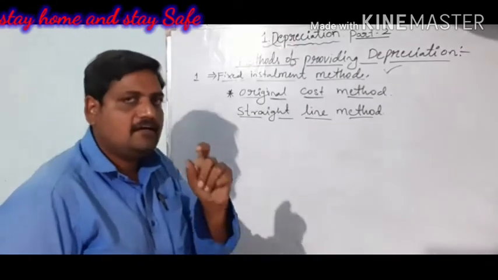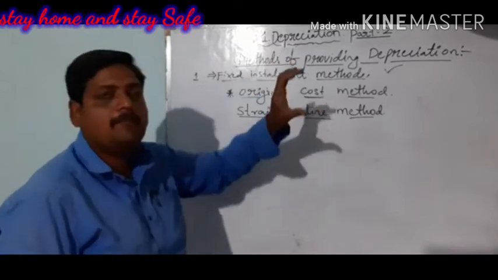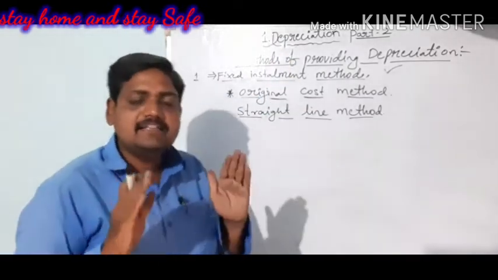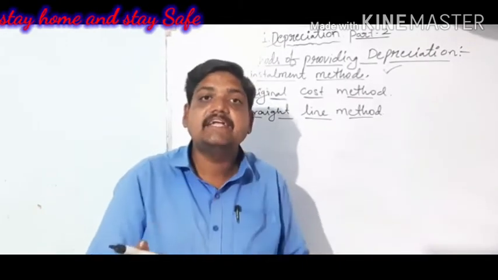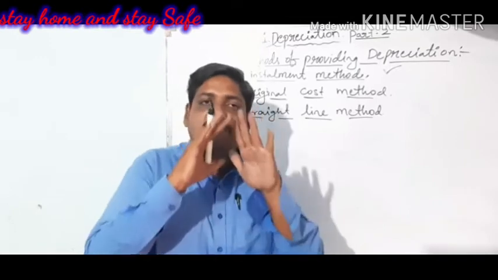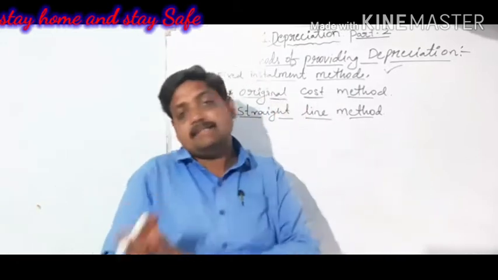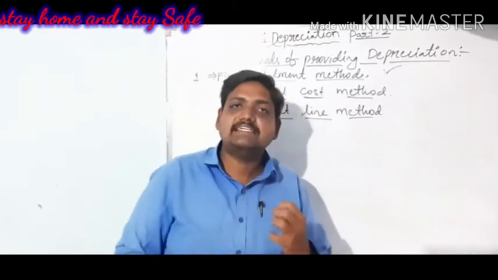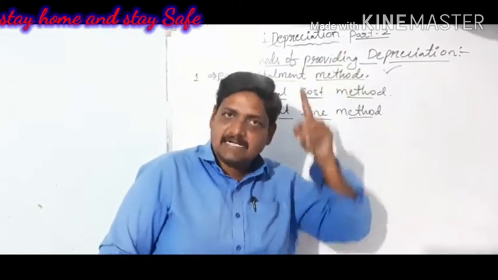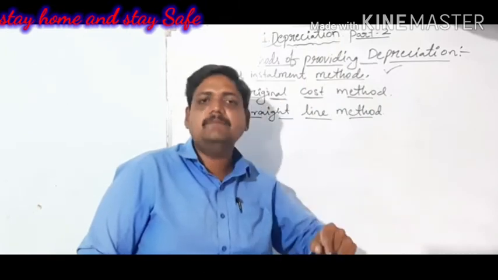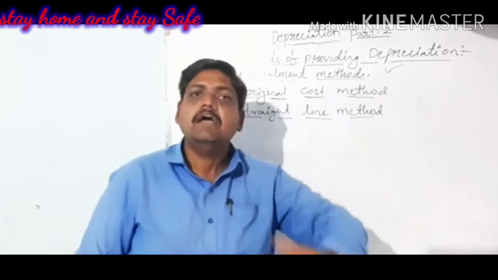Just simply understand: in the fixed installment method, the value of the depreciation cannot be changed or varied from one year to another. If we calculate depreciation for 5 years, whichever value comes for the first year, the same value is taken for all years.